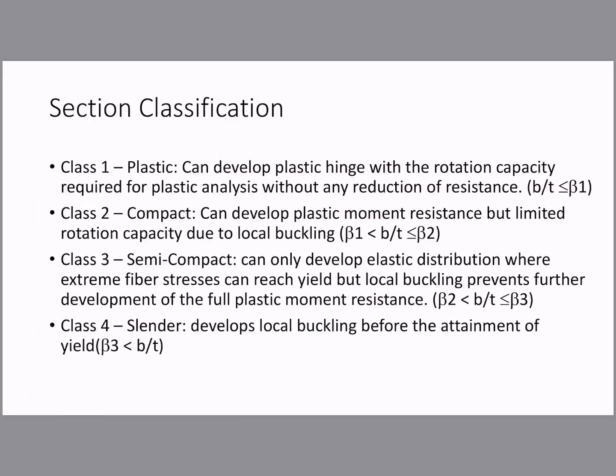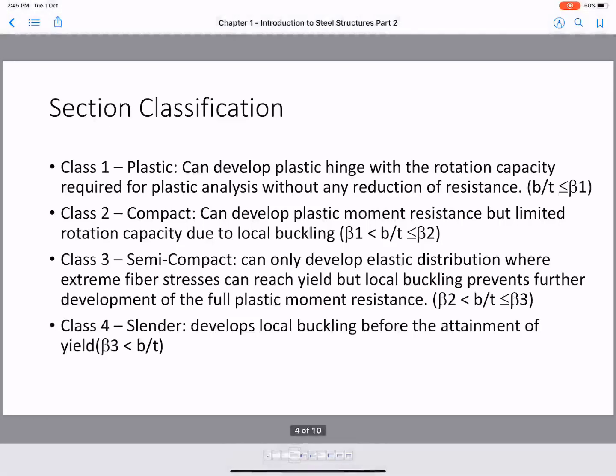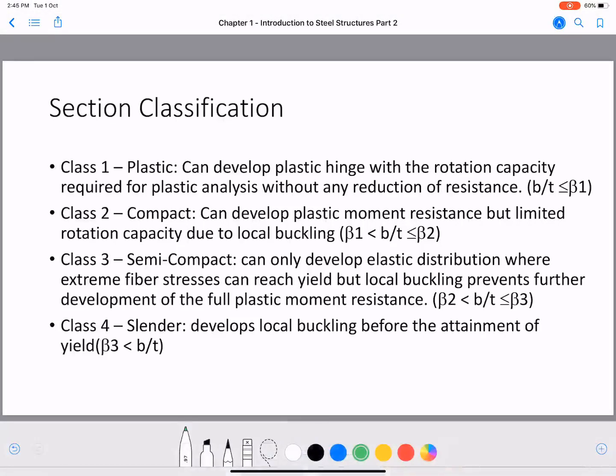Class 1, plastic, can develop a plastic hinge with the rotation capacity required for plastic analysis without any reduction of resistance. We already discussed that for an internal or outstand element, B by T is less than beta 1. We'll discuss what beta 1 is in the next slide. Similarly, a compact or class 2 section can develop the plastic moment resistance but has limited rotation capacity due to local buckling, which we also discussed.